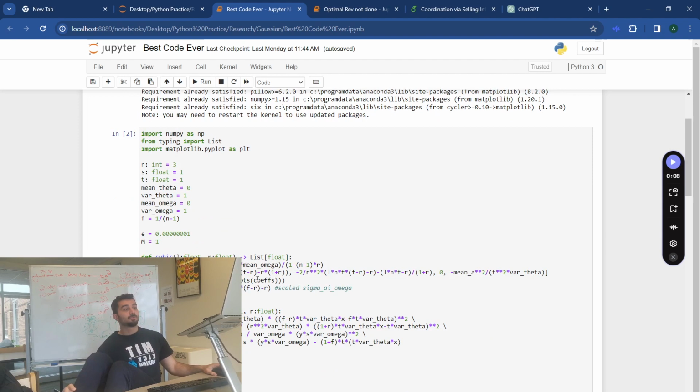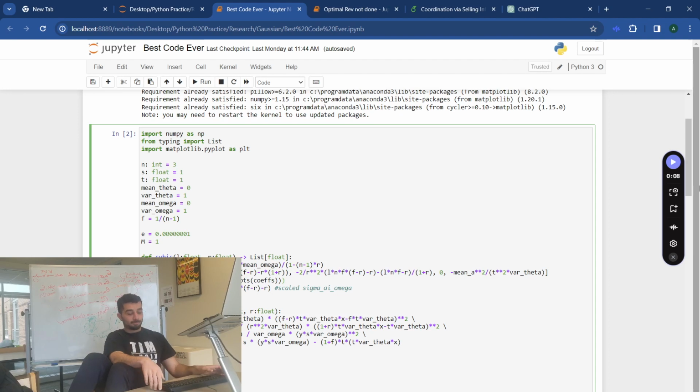Cubic, so we have the cubic that gives sigma a theta I and sigma a omega.